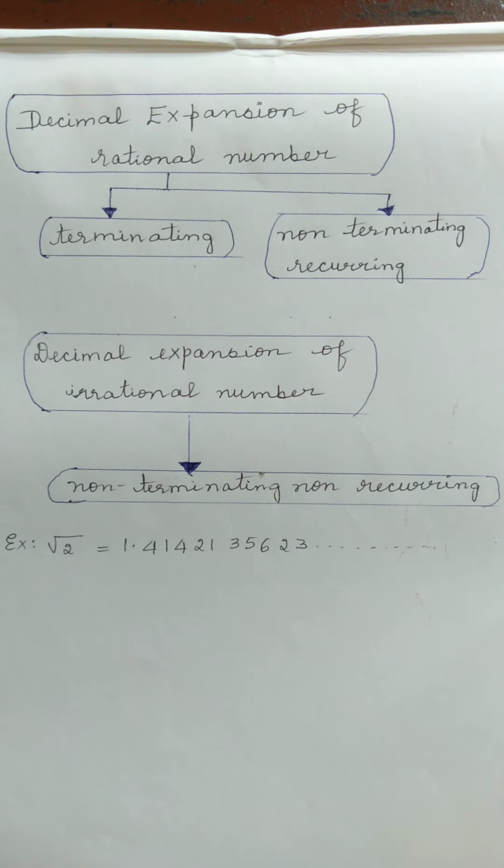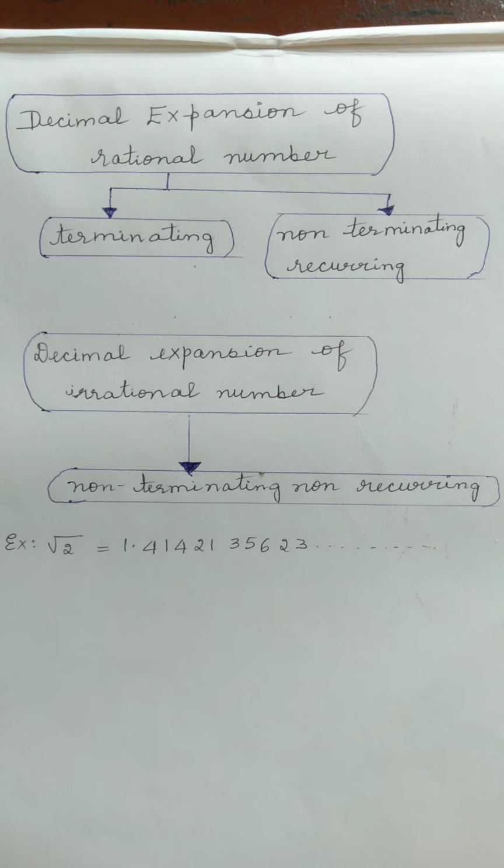Non-terminating means the remainder value will not be equal to 0, whereas non-recurring means the same digit will not be repeated. Even though the remainder value will not be equal to 0, the numbers will not be repeated.